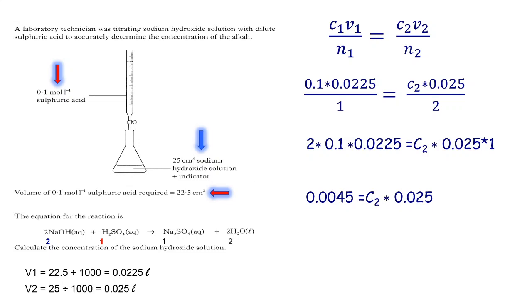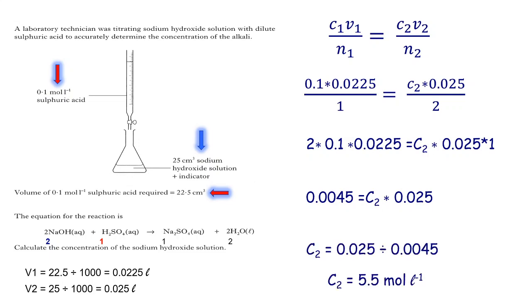2 times 0.1 times 0.0225 equals C2 multiplied by the concentration and the volume, and then multiplied by each other is 0.0045 equals C2 times 0.025.